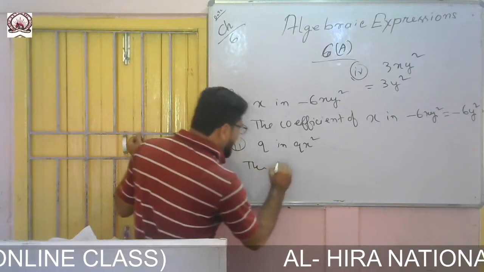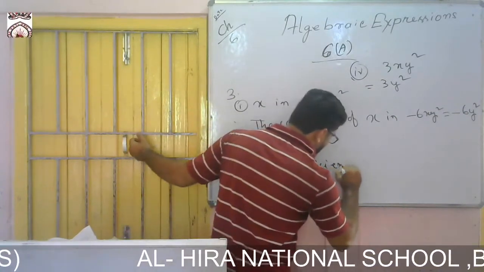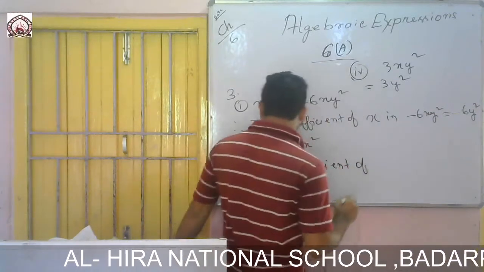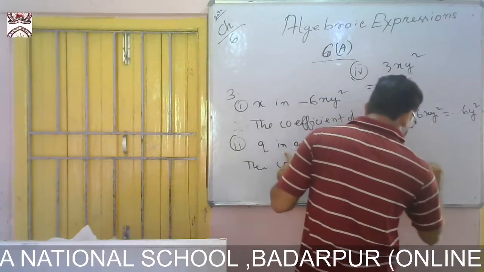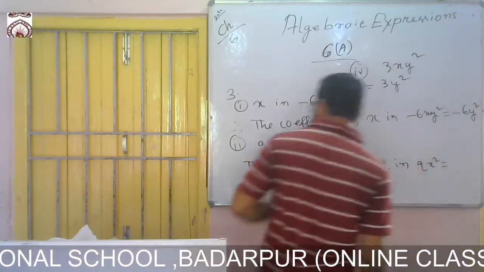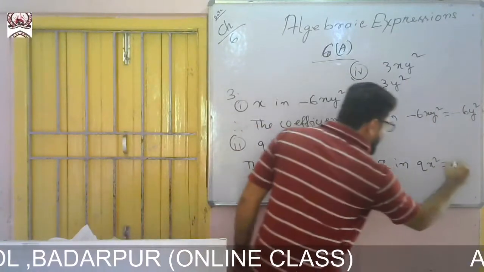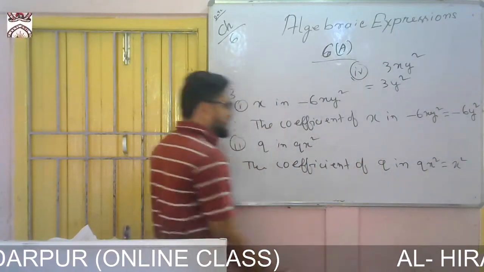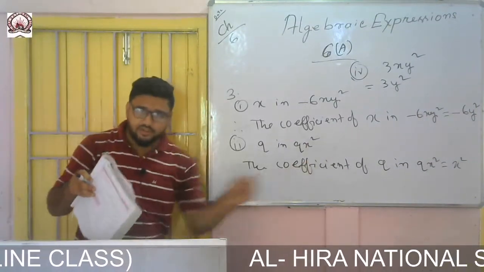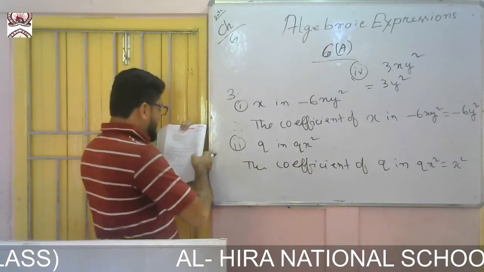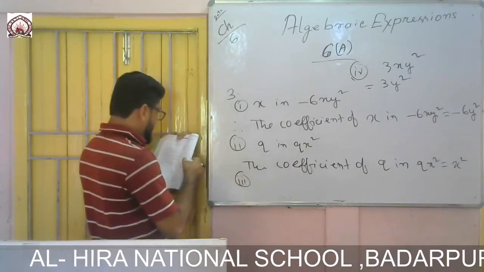The coefficient of q in qx square equals to what? Leaving q, what is there? x square. So x square is the coefficient of q. So like this, you write the full sentence. I am just writing the answer. This sentence you write again and again in every answer.